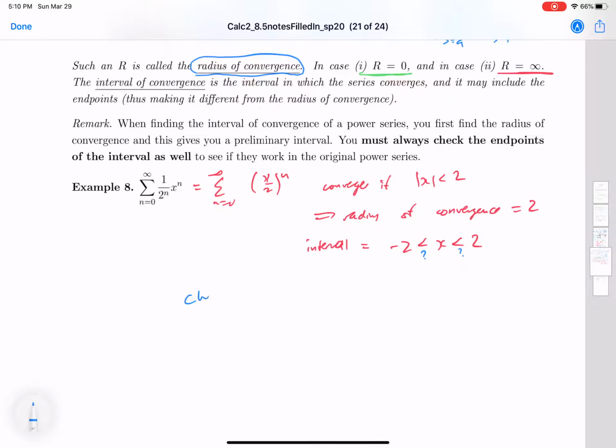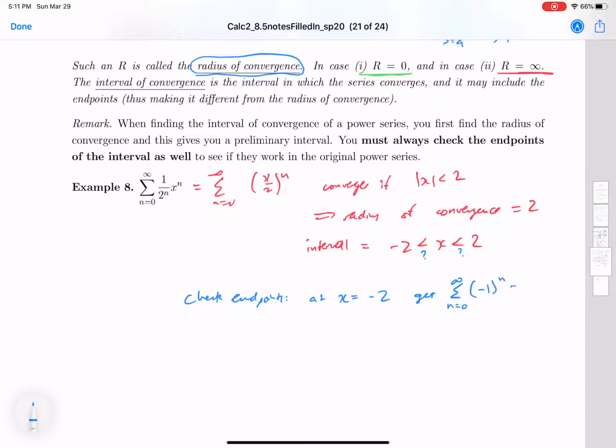So let's check the endpoints. At x equals -2, I'm plugging -2 in for x, and I'm getting the sum of -1 to the n to infinity, starting at n equals 0.